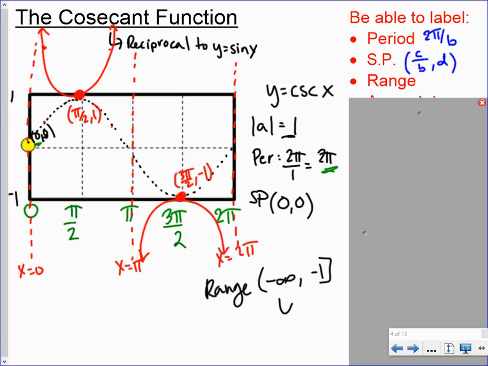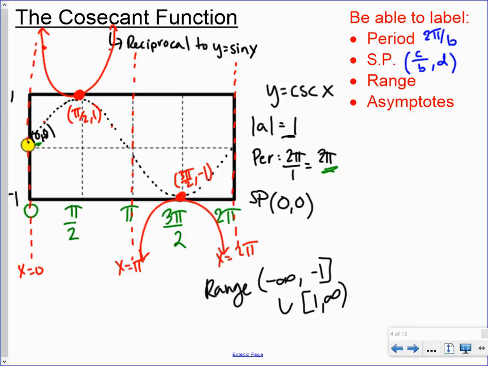And then you skip a little bit of space, right? There is no cosecant graph until you get to 1, and you go to positive infinity. In union with 1 to positive infinity. So cosecant and secant are always going to have that funny range where you have to give me range in two parts. There'll always be a gap if you think about what Mason said about the reciprocal graphs being tangent to the max and mins. So you always have that gap in between where the sine function would have been.